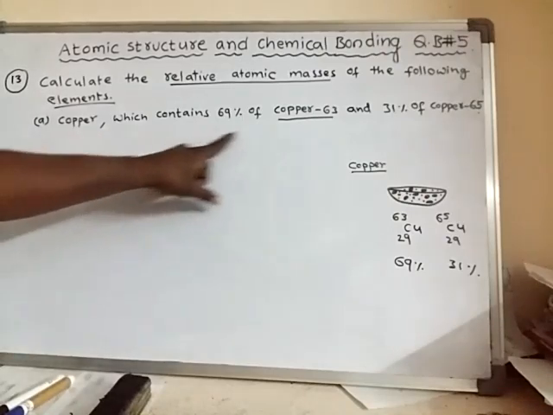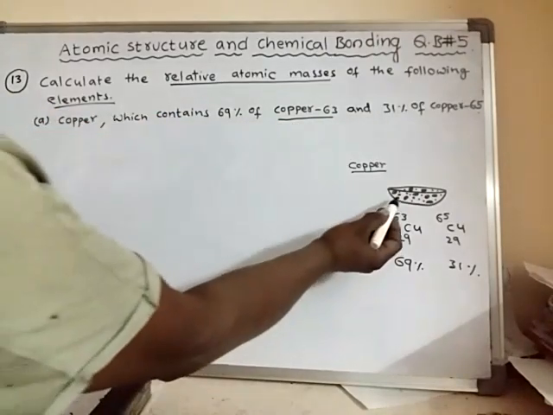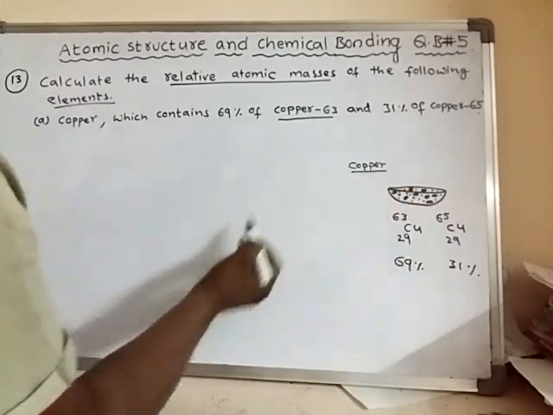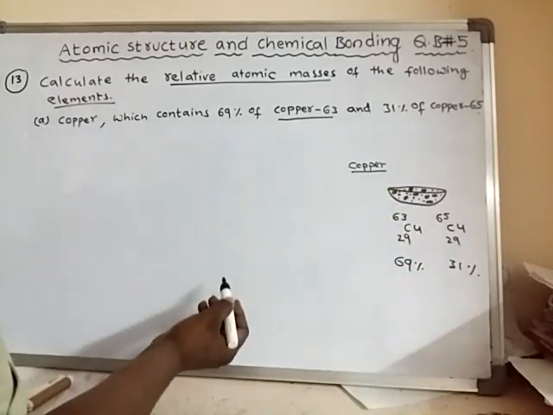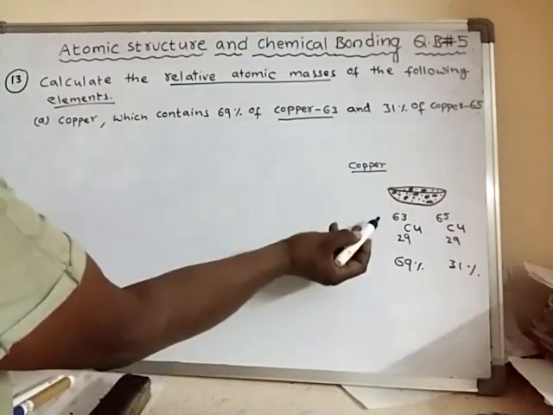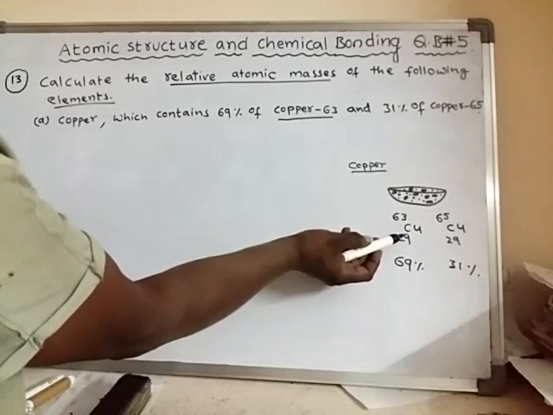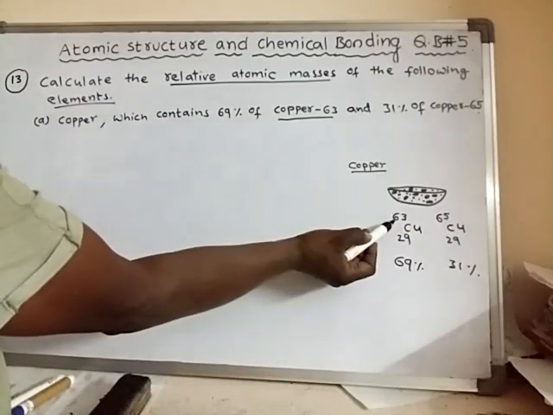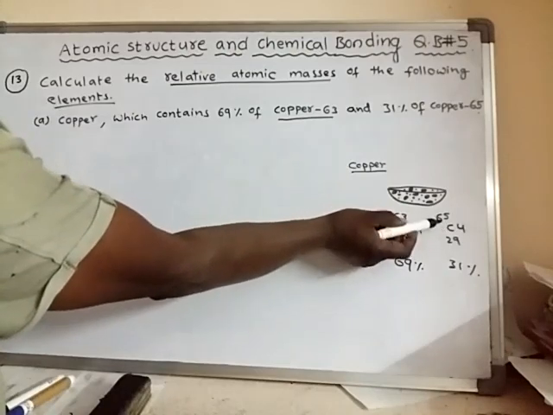In this case, suppose this is copper. But in this particular copper element, there are two types of atoms available. What are those two types? Two types of copper atoms: one is copper 63 and another one is copper 65.